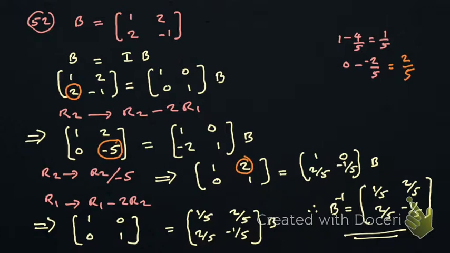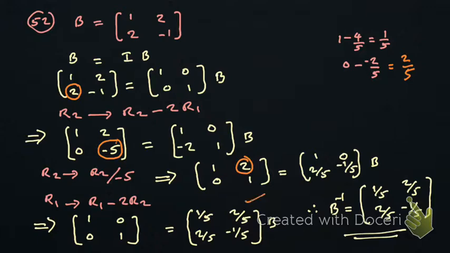So this element should have been plus 2 by 5. I think I got that wrong again. So that was actually correct.